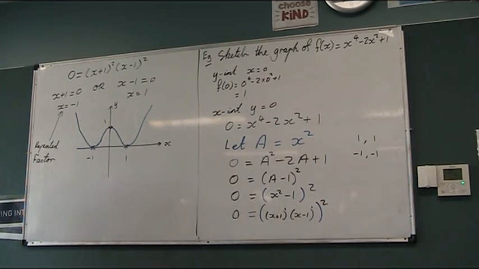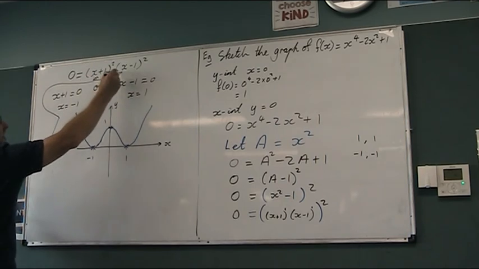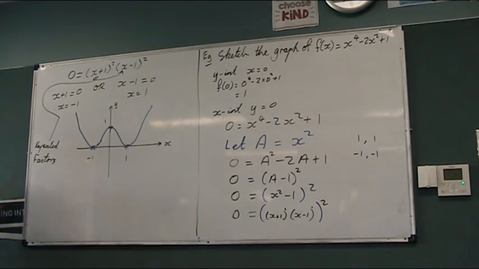When you do that arrow for the repeated factor, it shouldn't go to there, really, it should go to those. They're the repeated factors. I've been a bit lazy there. Because they're repeated factors, we know that the turning point's there on the axis.